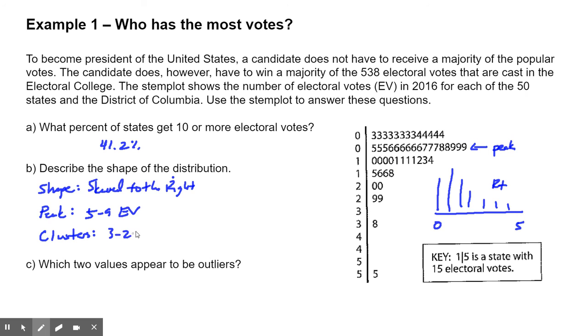So you could say that, but really almost all the data values are in a cluster. And then any gaps. There are two gaps: from 29 to 38, and then from 38 to 55. So that would be describing the shape.